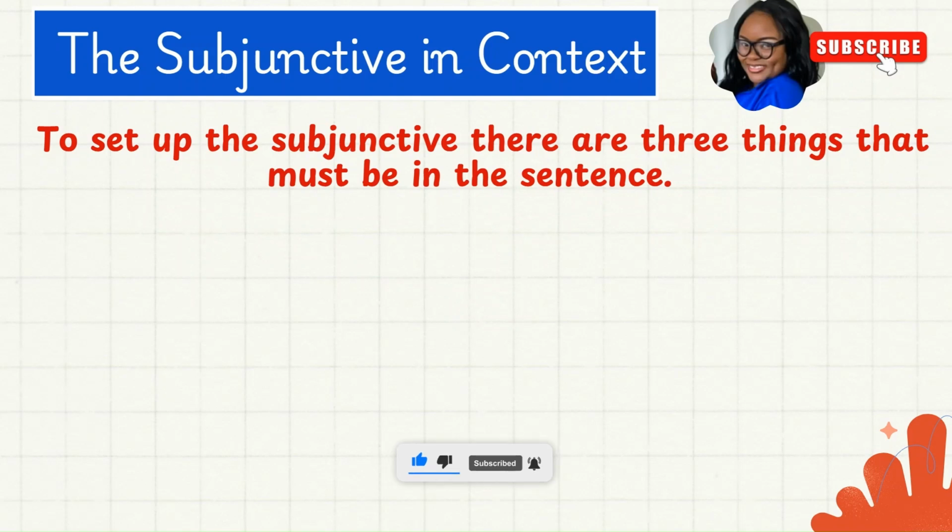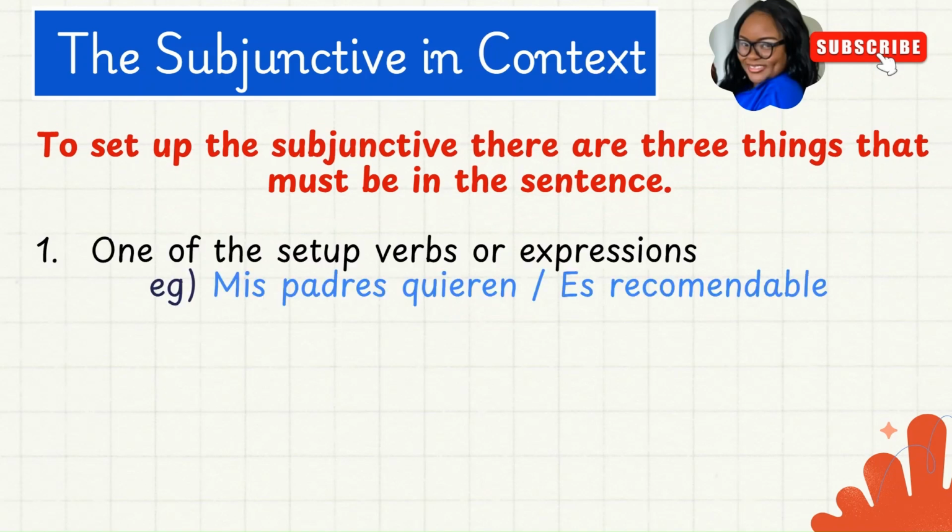How about you tell me what the first thing would be, because we just spoke about it. That's right, the first thing would be one of the setup verbs or expressions. The setup verb or the setup expression comes at the beginning of the sentence in the first clause.